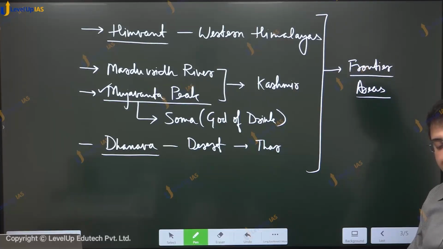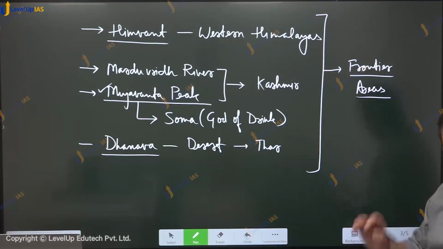But it is unlikely that early Aryans were physically aware of them. That means it may have been a figment of their imagination that India was surrounded by two seas on the two sides, or they must have heard it from other local cultures who may have been trading with communities living closer to the coasts. Okay? So that is what we can say.